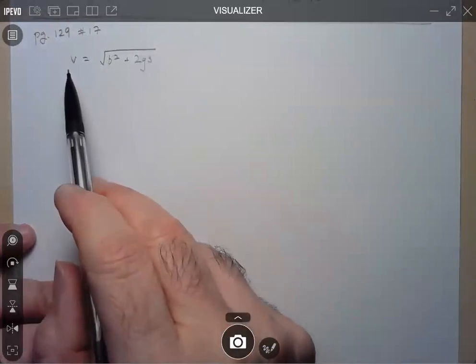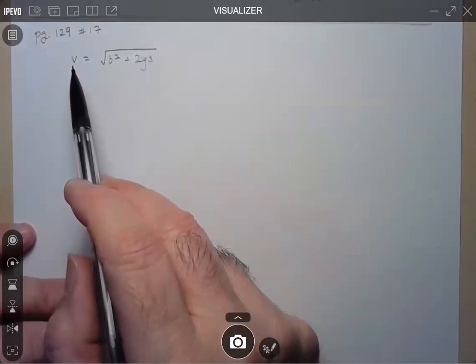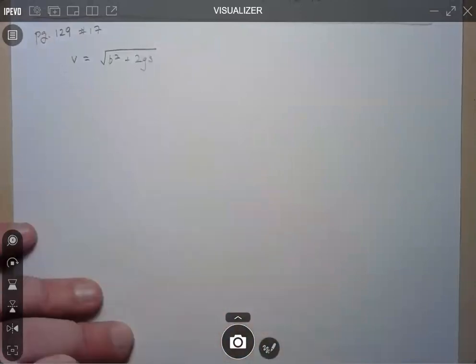Because velocity, when we're calculating velocity, it's with respect to what variable? Anybody remind me what variable velocity is with respect to? Anybody? It's about the easiest question I'm going to ask. Time. Yeah, it's with respect to time.